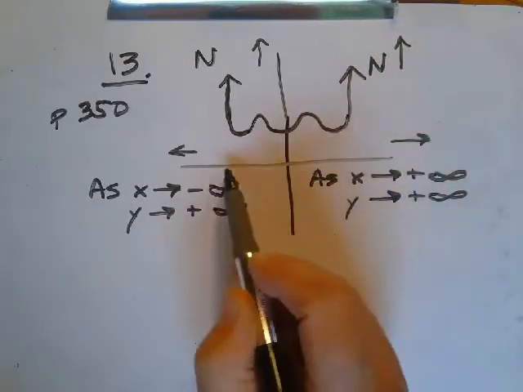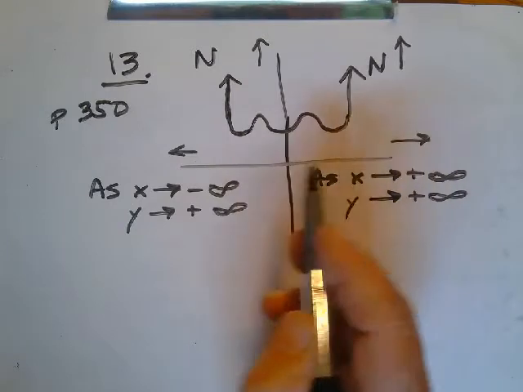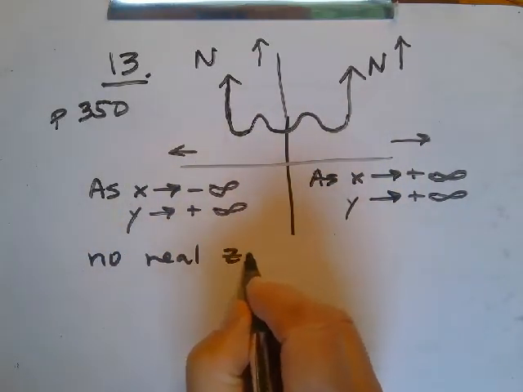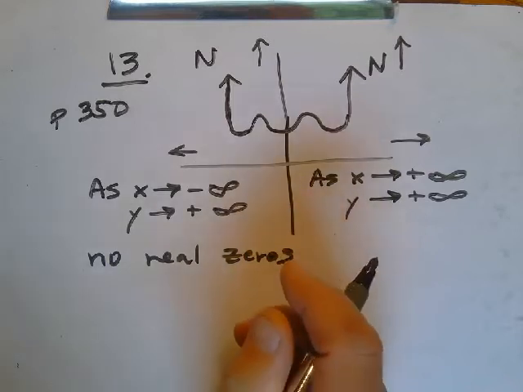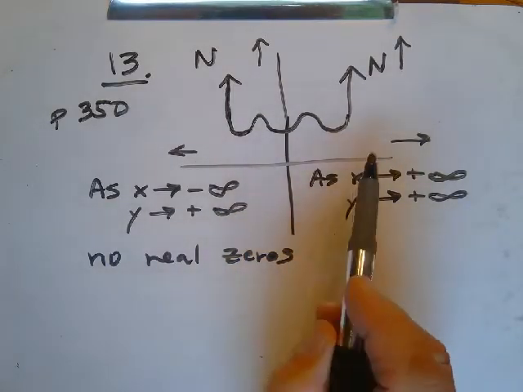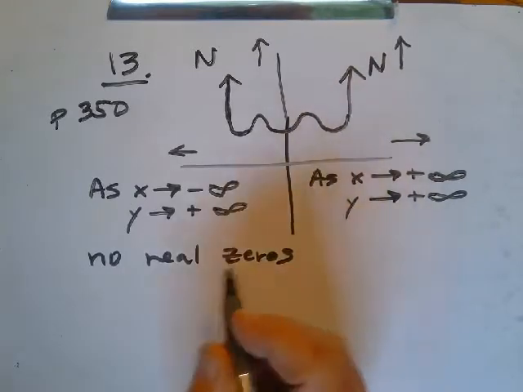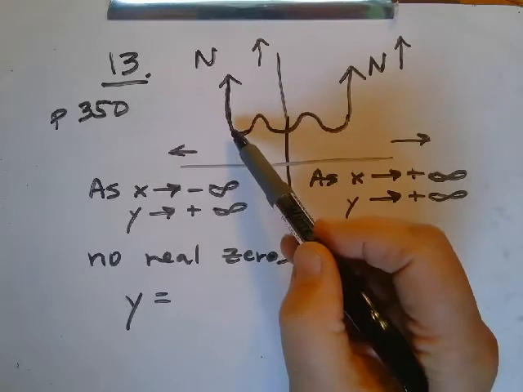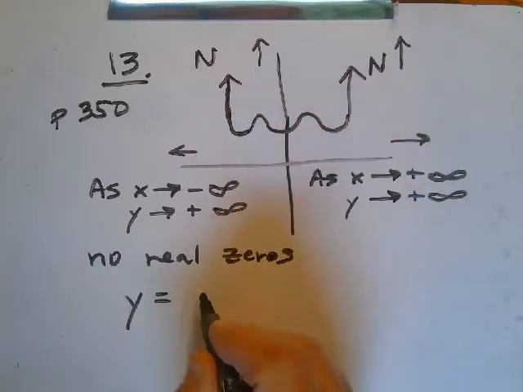Well, this one has no real zeros because it's not crossing the x-axis. So I'm going to write that down, no real zeros. And it asks what possible exponent this function could have. Well, sometimes we know that it's going to be even.